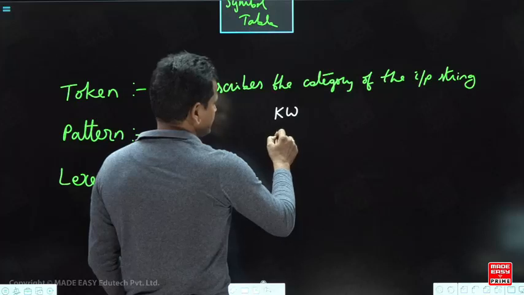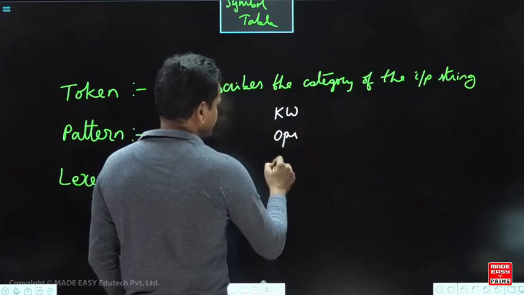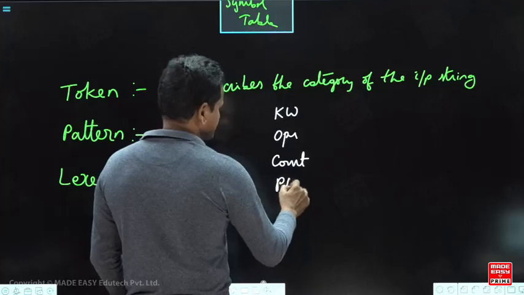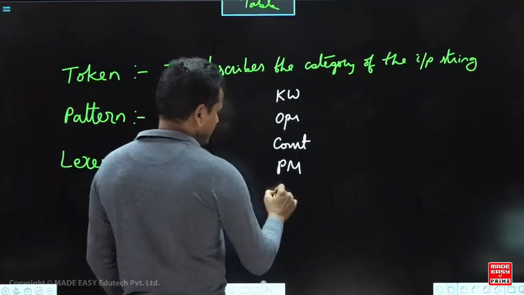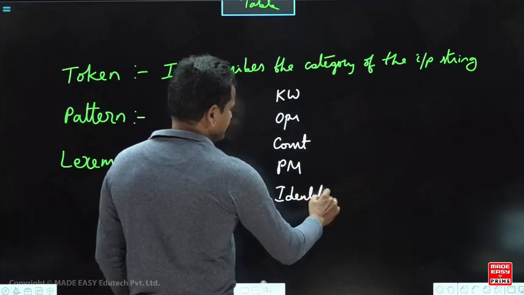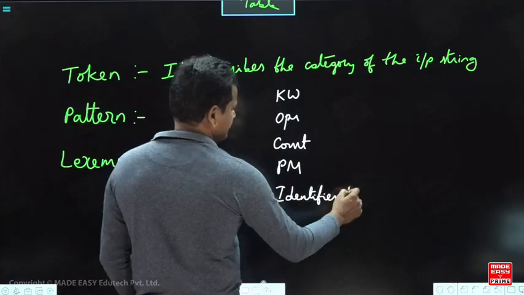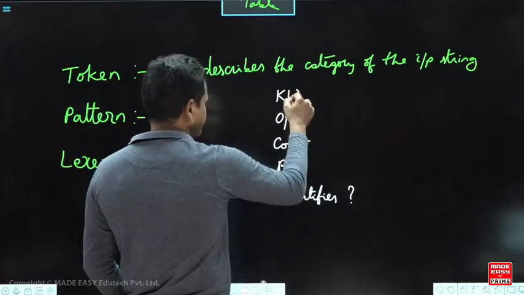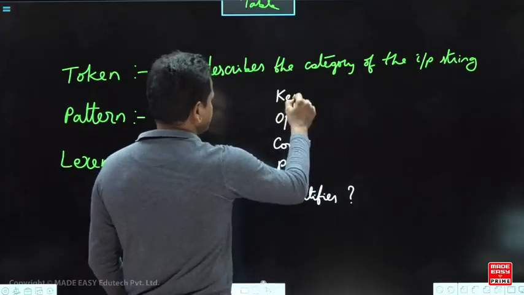Is it a keyword? Is it an operator? Is it a constant? Is it a special symbol or punctuation mark? If it is none of these, then it could be an identifier.